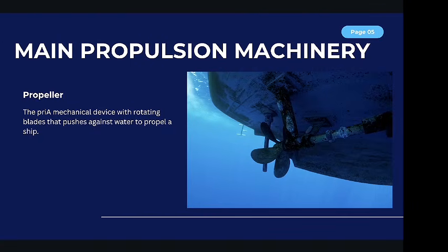It works by creating a pressure difference on the blades. The function of the propeller is to be the primary means of propulsion of most ships. It is essentially a rotating fan, typically with multiple blades, that pushes the water backward to generate the forward thrust.